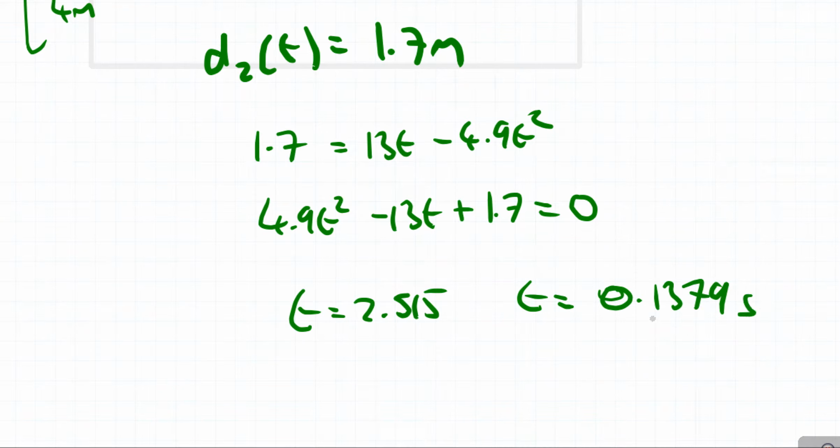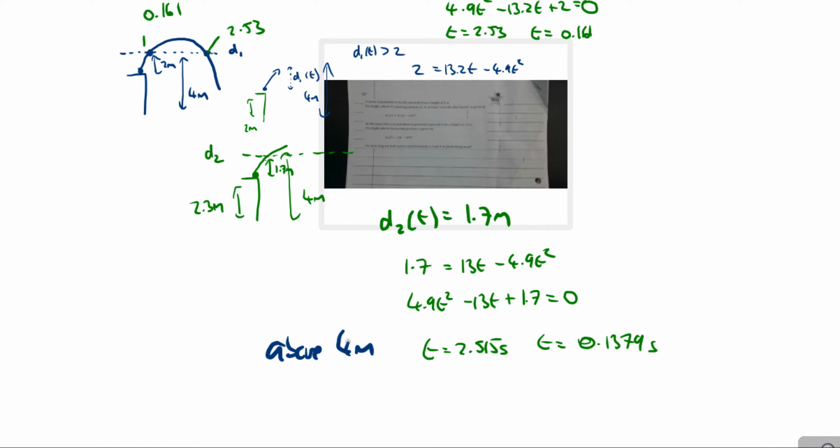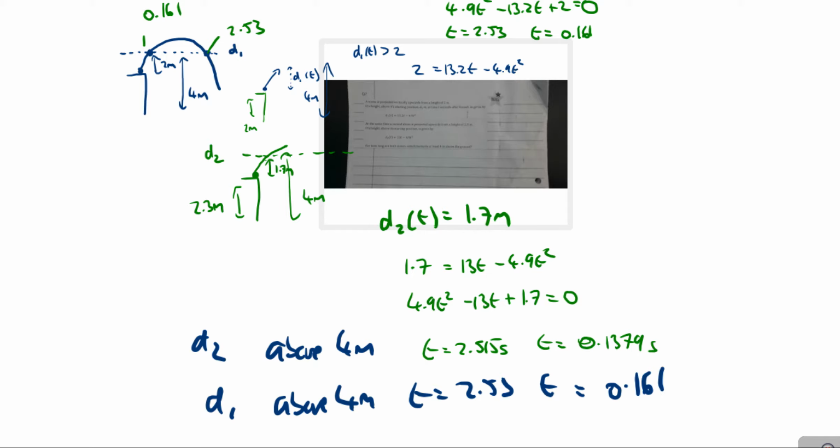Between these two values is where this one is above 4 meters. For d1, above 4 meters is between t = 0.161 and t = 2.53.